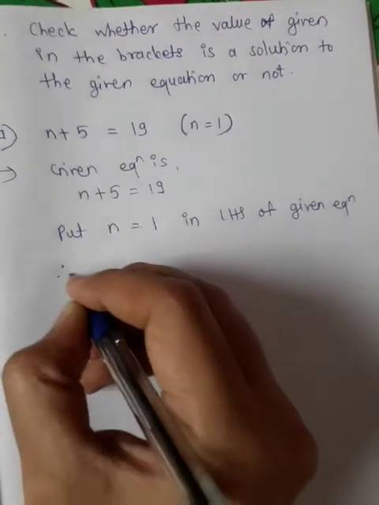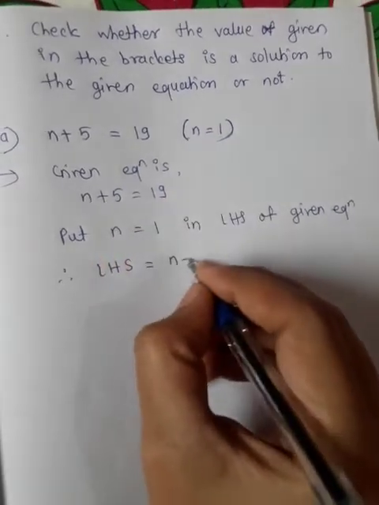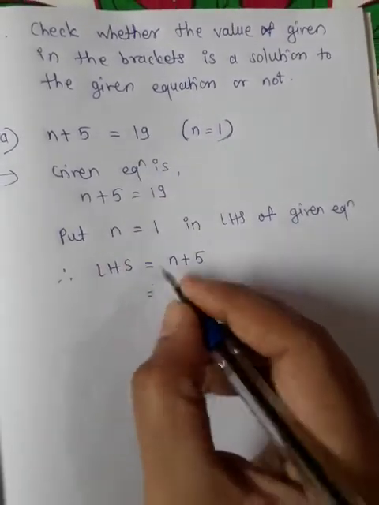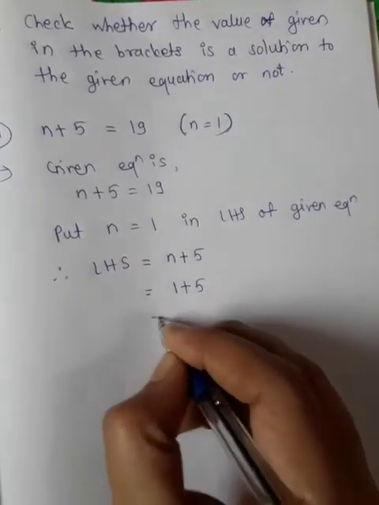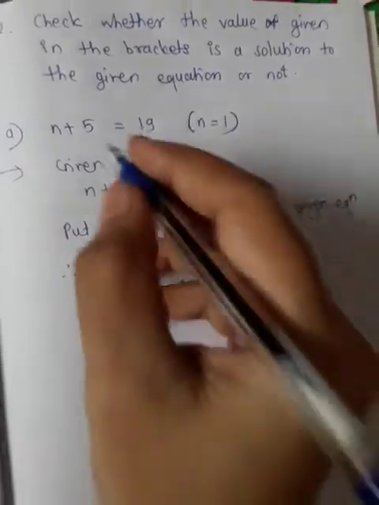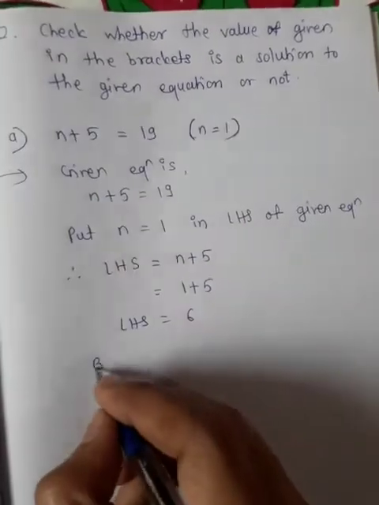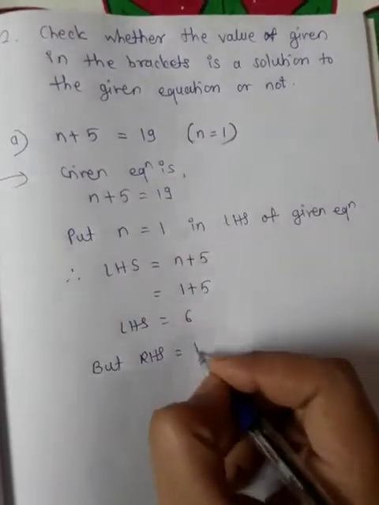So the LHS is n plus 5, and if we put the value 1 of n in LHS, what do we get? 6. So we get the value of LHS is 6, but RHS is 19.